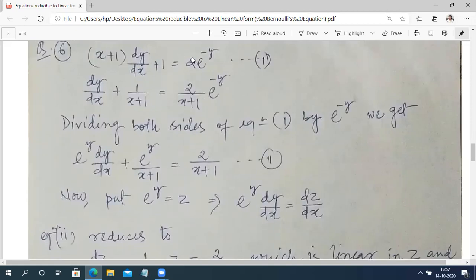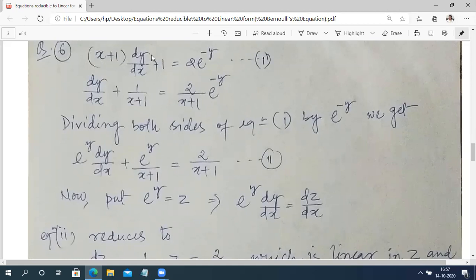Okay, first you just make the coefficient of dy by dx unit.